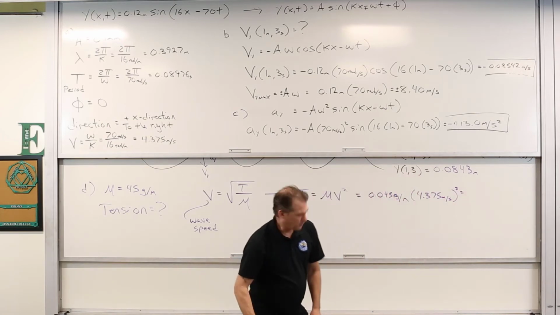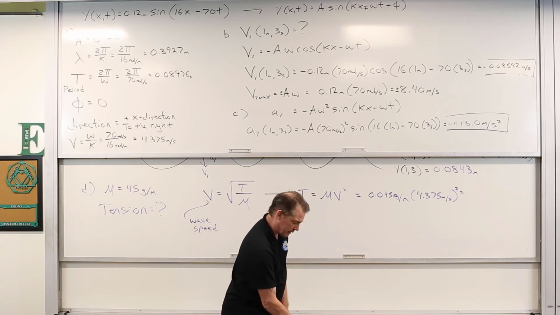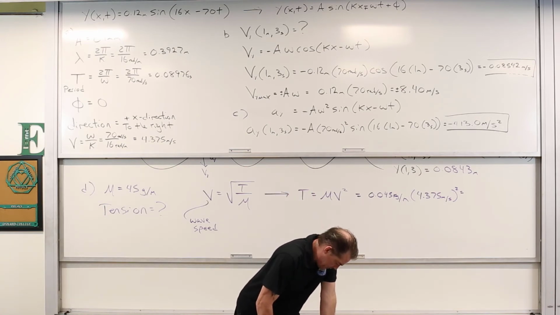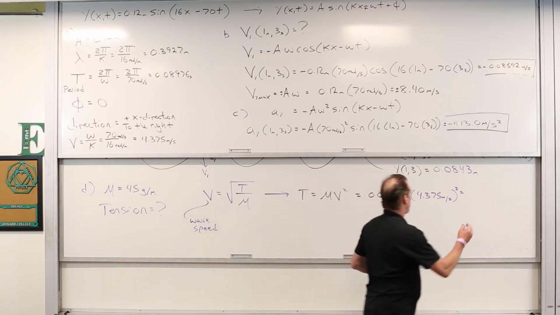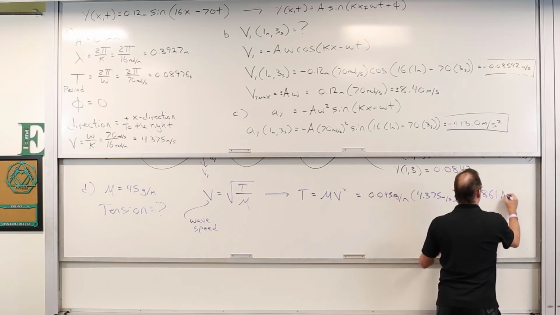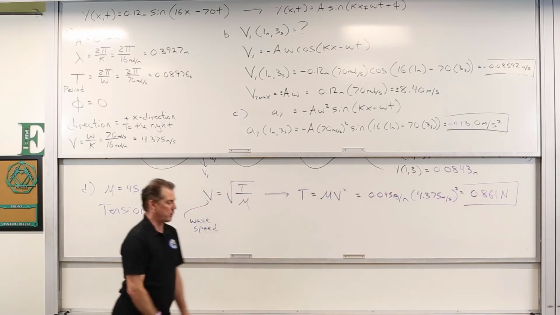We've got pretty small tension here, that's okay. 0.045 times 4.375 squared. We've got a tension of about 0.861 newtons. Equilibrium tension in the string.